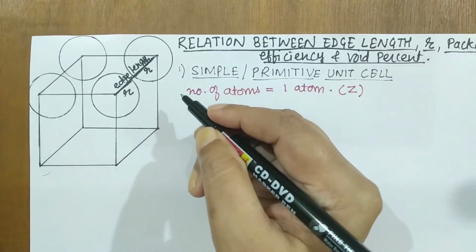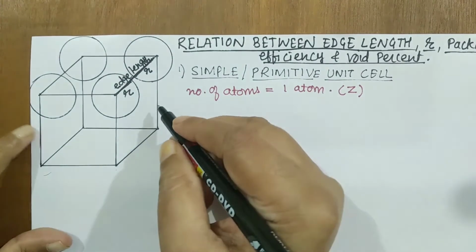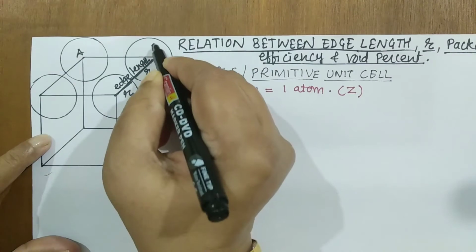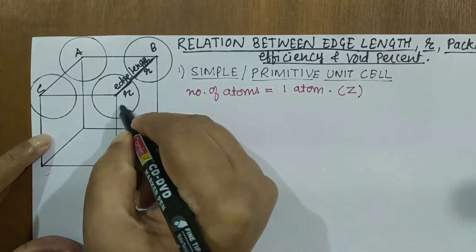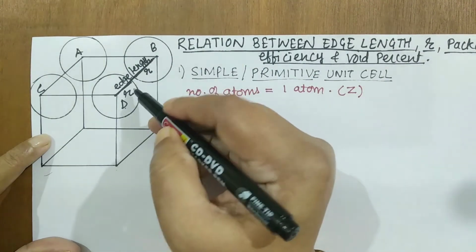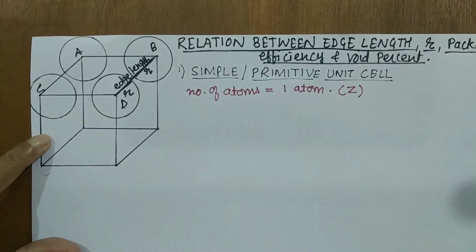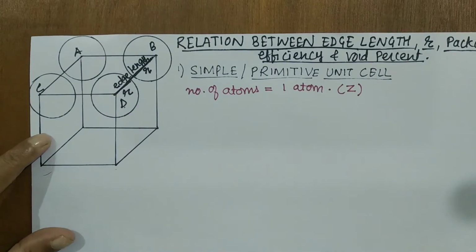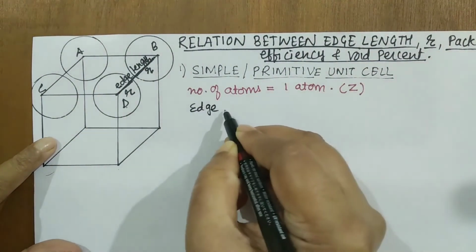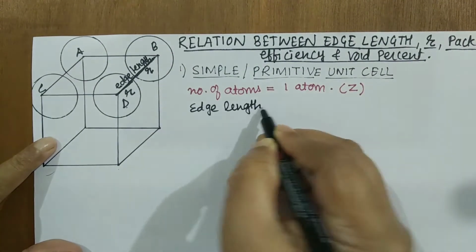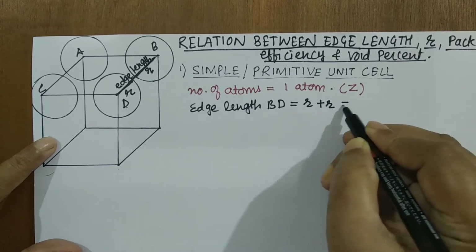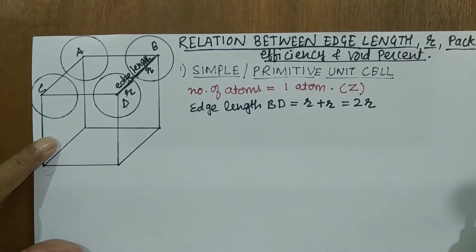Let us mark this unit cell as A, B, C and D. So for this edge length, BD is equal to R plus R, so can I say BD is equal to 2R? Let us write edge length BD is equal to R plus R, so that is equal to 2R.